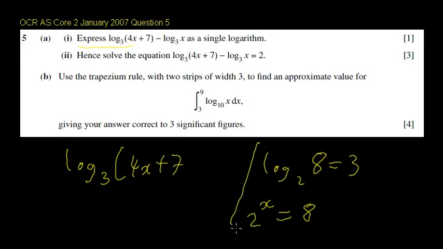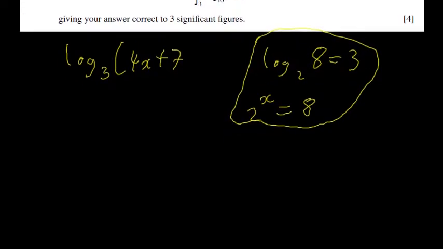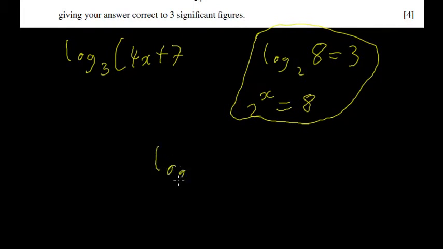And then I always think of this example if I ever get confused about logarithms. You can extrapolate this to help you with any problem, really. So I say, log base 2 of 8 minus log base 2 of 4.